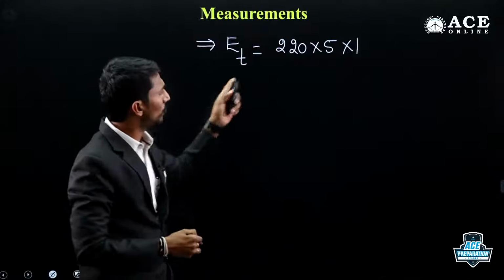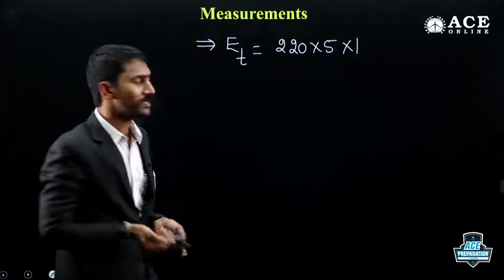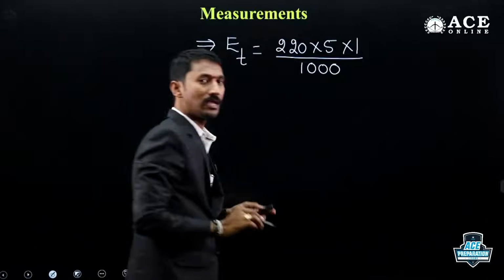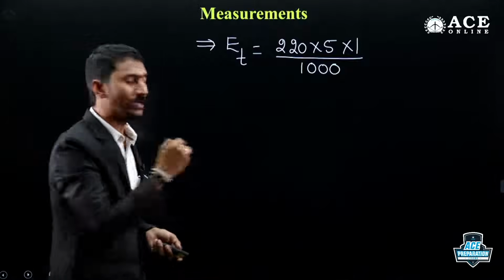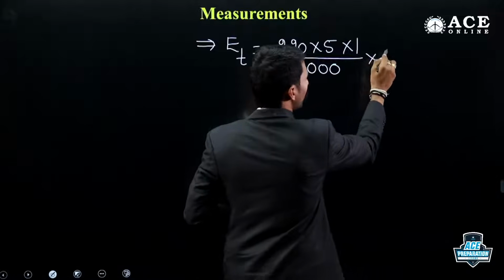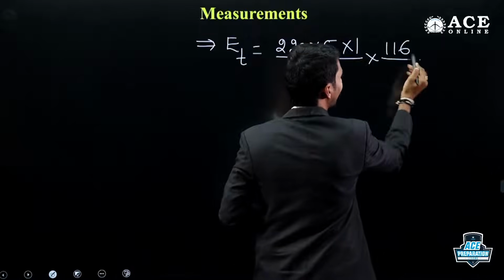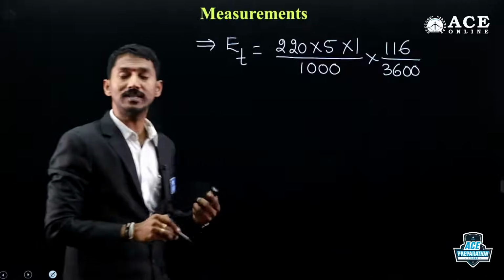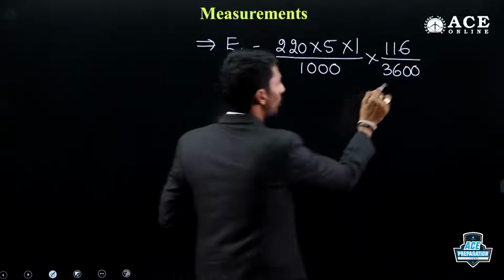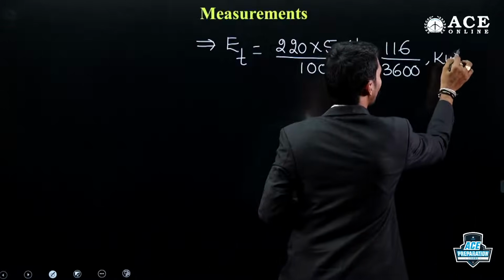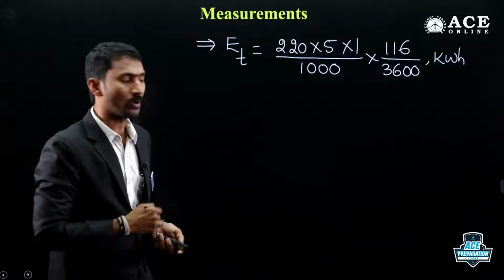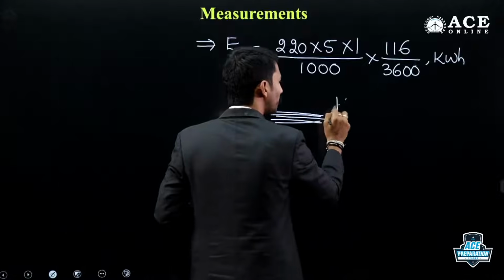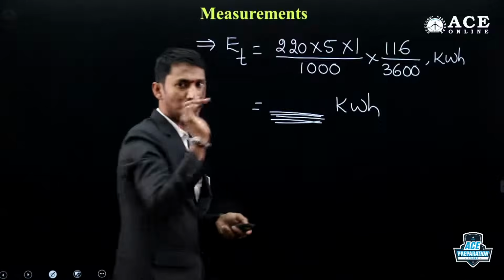Therefore I divide by 1000 to get kilowatts. Into the time, 116 seconds, but I am converting that into hours by dividing by 3600. So totally you will get a value in terms of kilowatt hour. Leave it, I'll come to that.